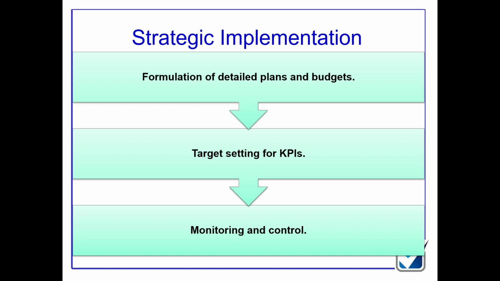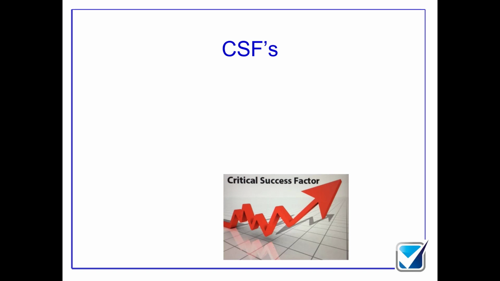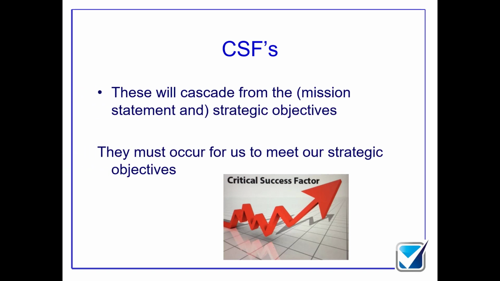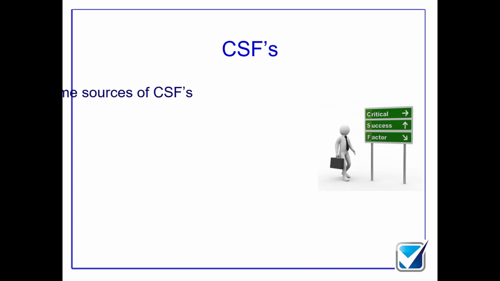Now, determining whether or not we've actually achieved our objectives, we look at this through a critical success factor, a CSF. Now, the critical success factor will cascade down from our mission statement and our strategic objectives. And these critical success factors are things that have to happen if we want to hit our strategic objectives. They are things that have to happen if we want to be seen to be achieving our mission. Now, these critical success factors can come from 5 main areas.